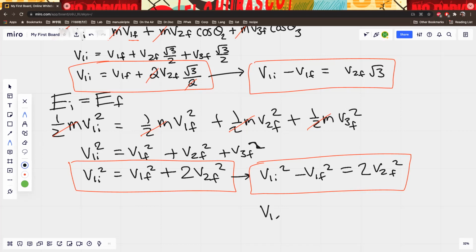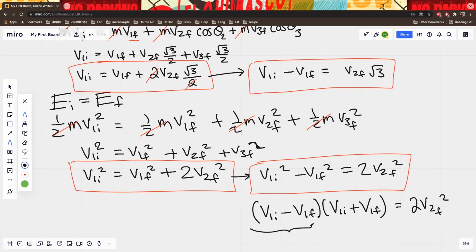So v1i minus v1f times v1i plus v1f. Oh, I have something of the form a squared minus b squared. And then this part I know from before.